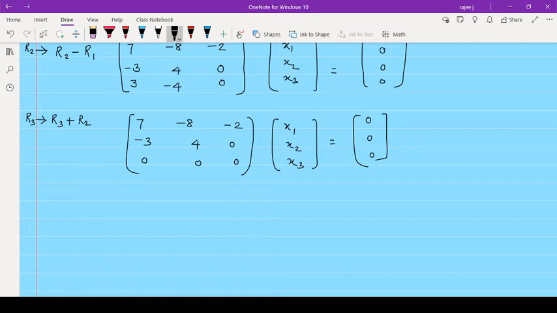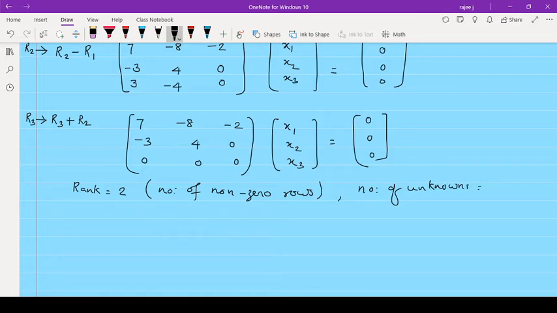Okay, now take this equation. Now I am going to consider this equation. Here, the rank of this matrix is 2. Rank means the number of non-zero rows. That is the rank. And the number of unknowns is 3, unknowns meaning x1, x2, x3. 3 unknowns are there and rank is 2.